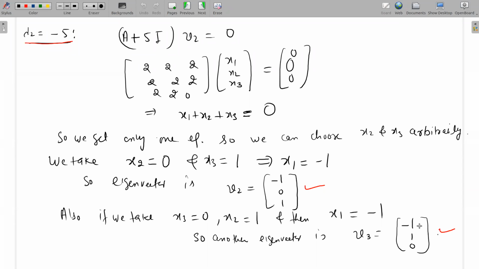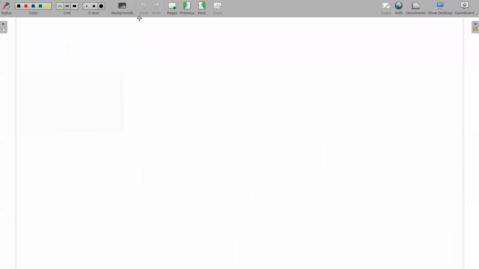Okay, so second case is constant coefficient homogeneous system 2.